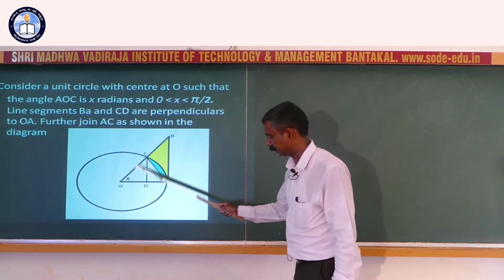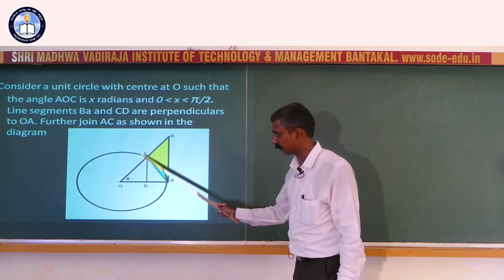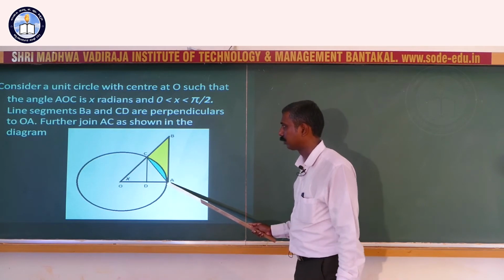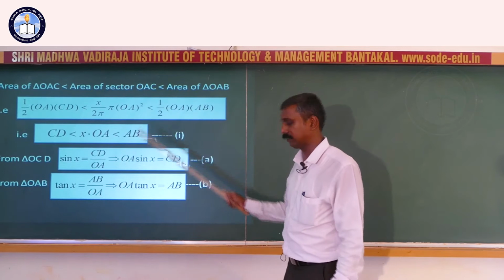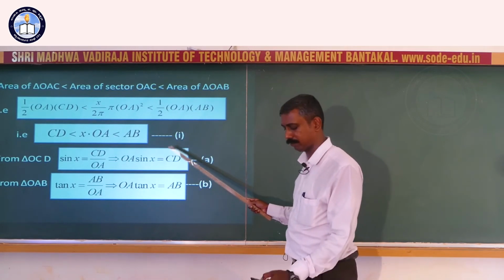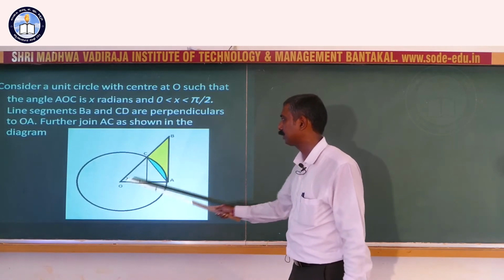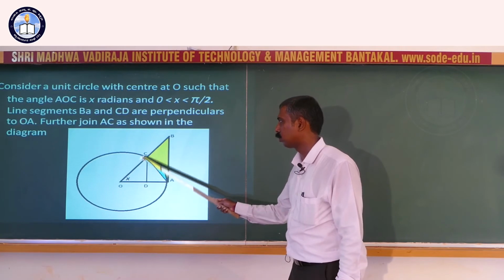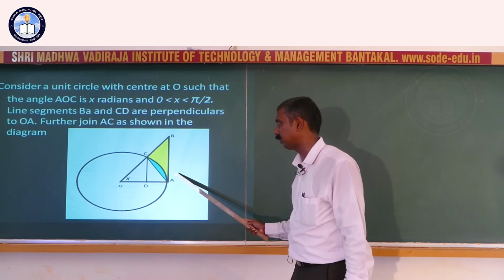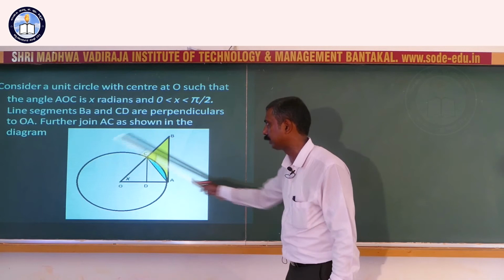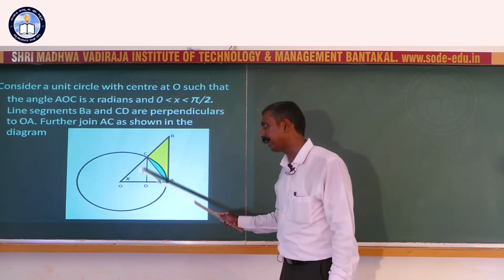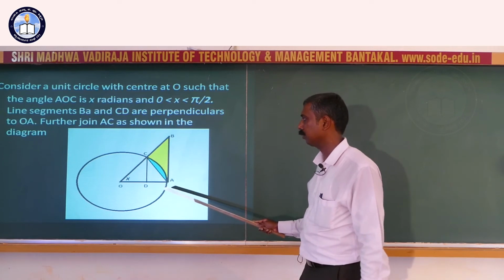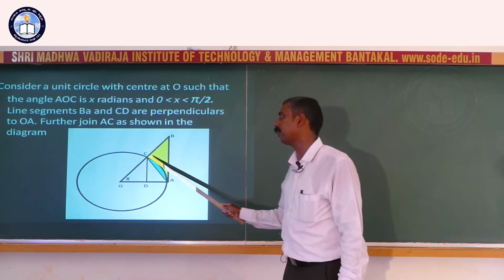What is the area of the sector COA? The area of the sector will be x divided by 2 pi, where x is the angle. So, the ratio of the angle x divided by 2 pi, that is the whole 360 degrees, into pi r square.